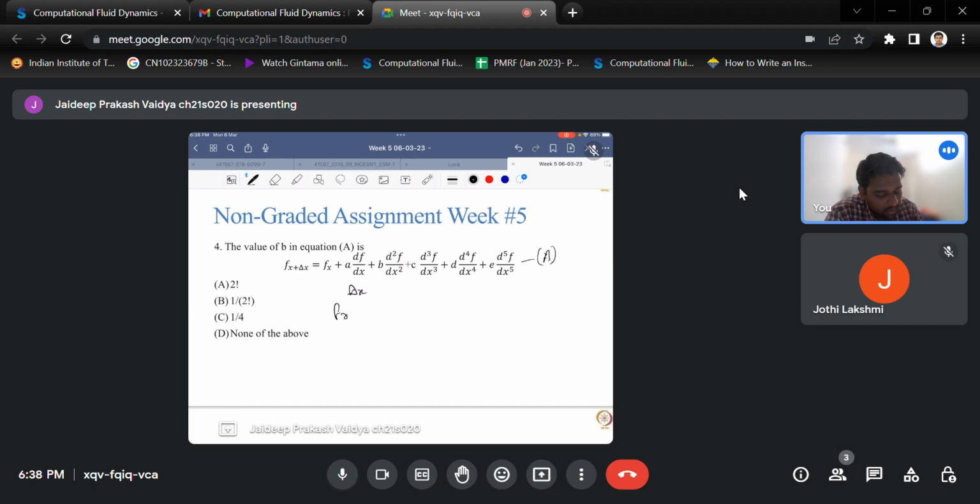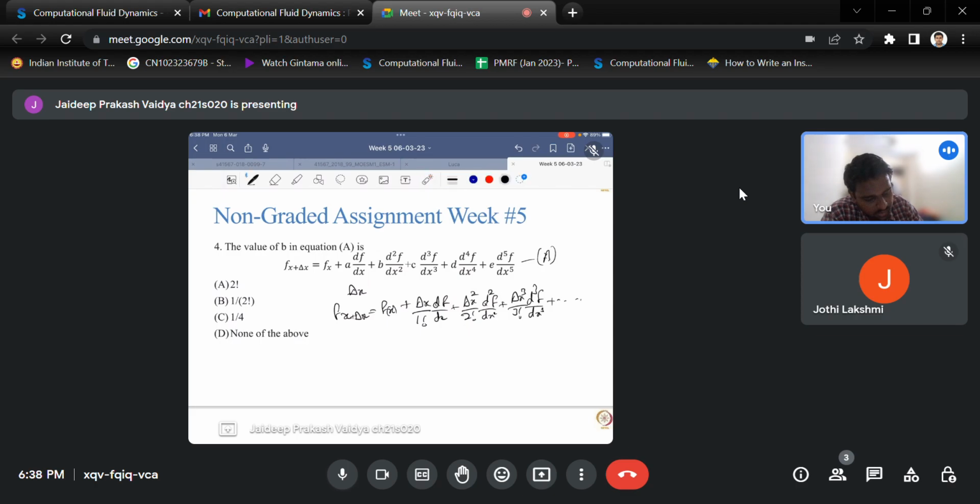So we'll get, according to the Taylor series expansion, f of x plus delta x equal to f of x plus delta x by 1 factorial times df by dx, plus delta x square by 2 factorial times d square f by dx square, plus delta x cube by 3 factorial times d cube f by dx cube, plus etc. So what we are seeing is the coefficient of d square f by dx square is in fact delta x square by 2 factorial.